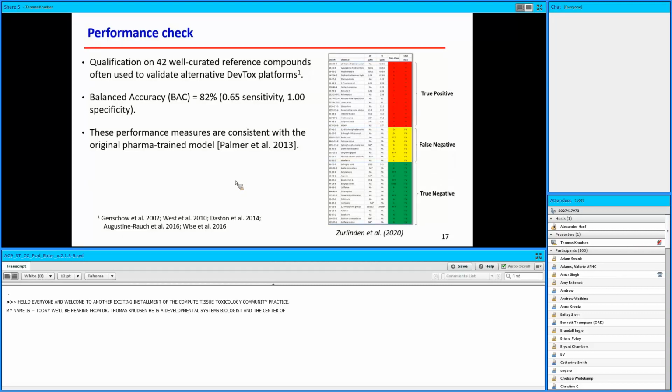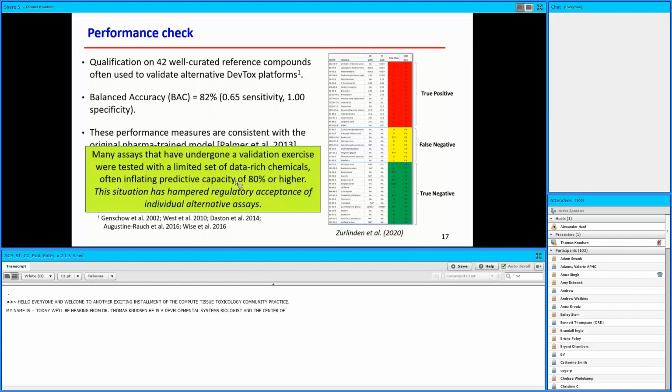And those performance measures are exactly consistent with the original pharma-train model published by Jess Palmer. Now, in fairness, some of the compounds are the same compounds that they originally trained the model with, but keep in mind that this was completely independent through our ToxCast plates that were sent to them, blinded, and they did the work not knowing anything about the compounds that we provided them with. So 82% is pretty good.